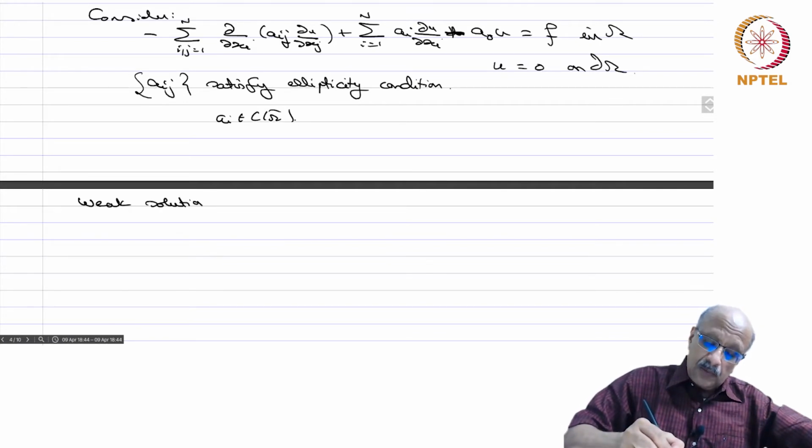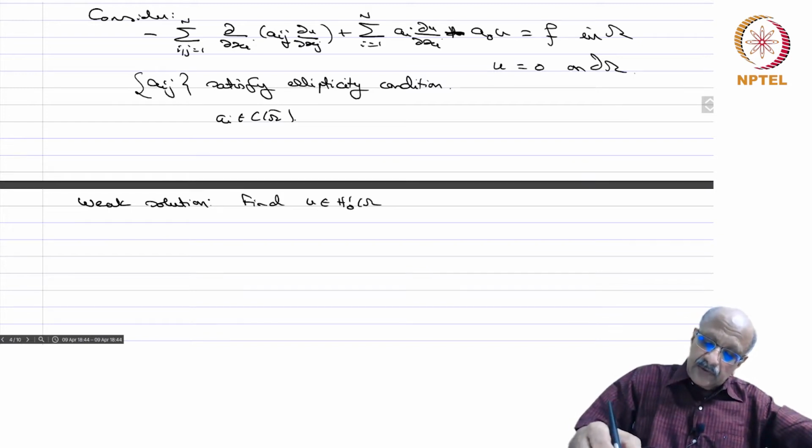a weak solution of this problem is: find u in H10 of omega, so that's the vector space.